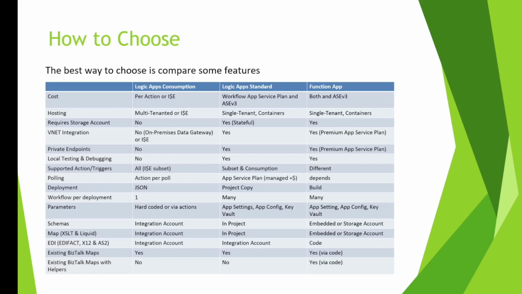So if your Logic App does 10 actions, those 10 actions will cost you, I think, 0.0001 cents per action every time it runs. So you've got that consumption side of things. Now, how many people love polling?